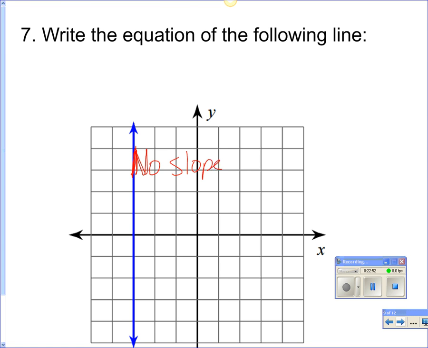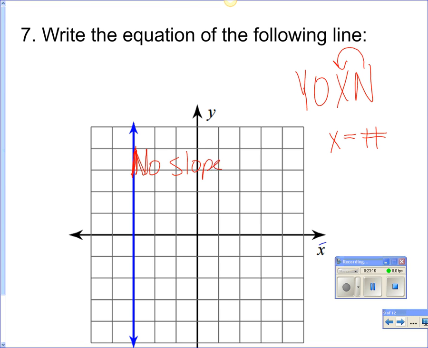All right, what do we have to do when it's no slope? Yoxen. Okay, so we've got Yoxen. No slope is here. And we go back to that one. It's going to be x equals a number is going to be our answer. X equals a number. Okay, this is a special one.